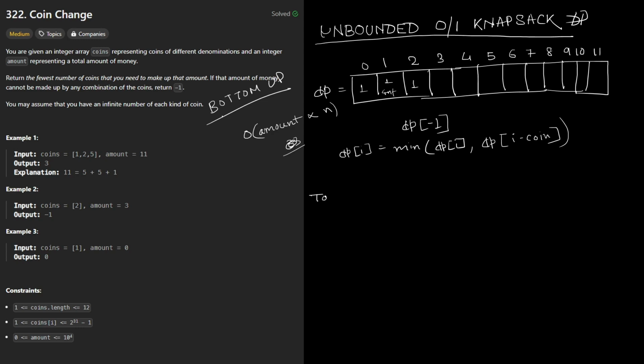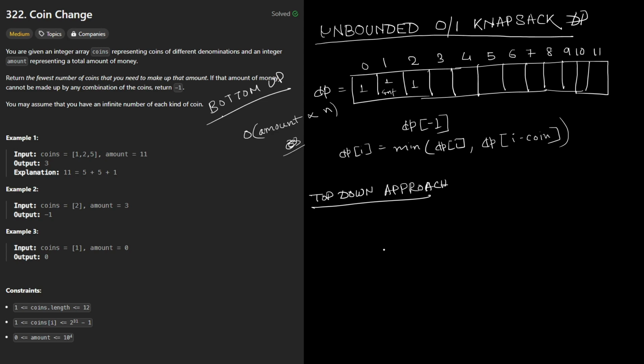We would like to do the top down approach. So here, for the top down approach you have to do a recursive solution. In our recursive solution, we need to understand what is going to be our base condition.